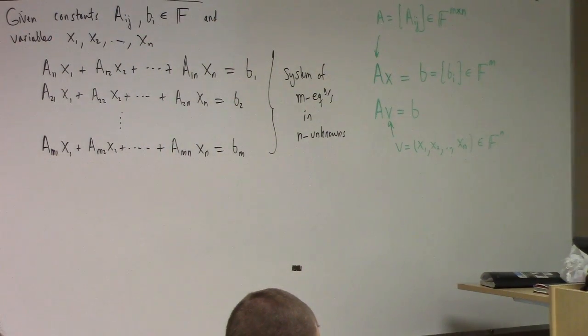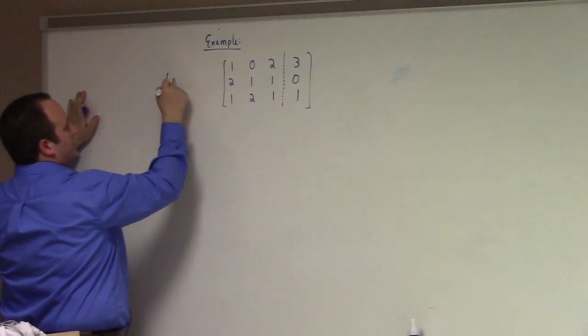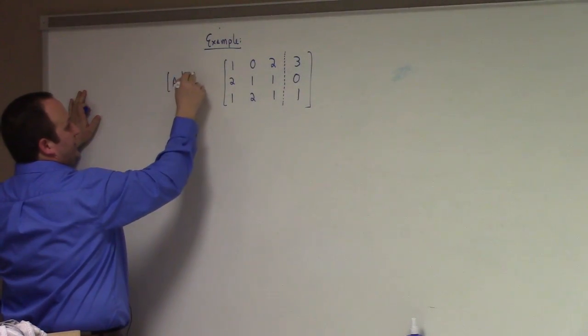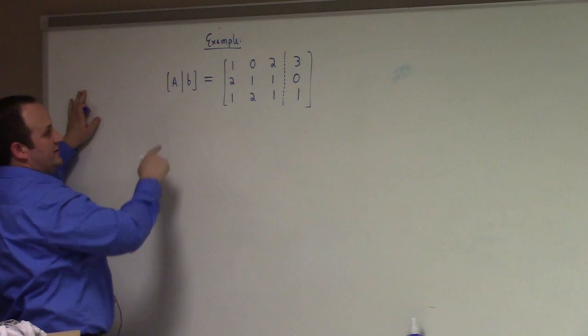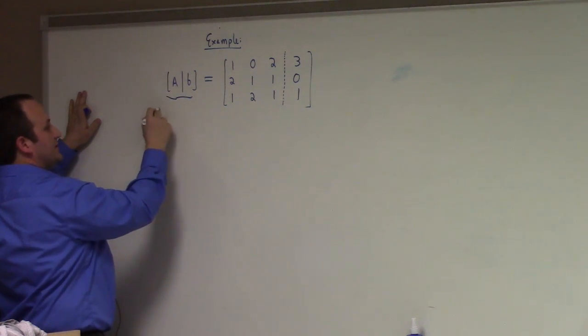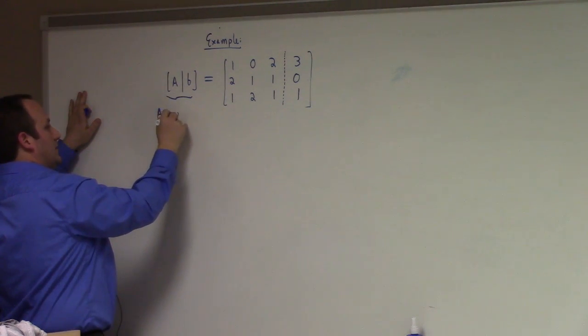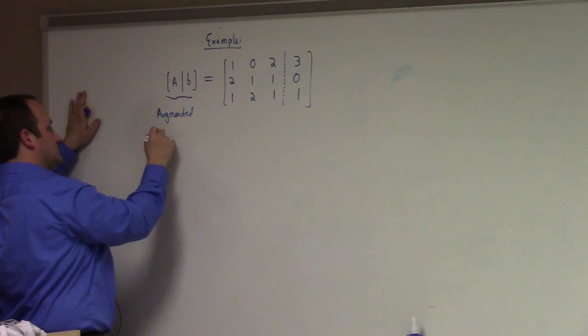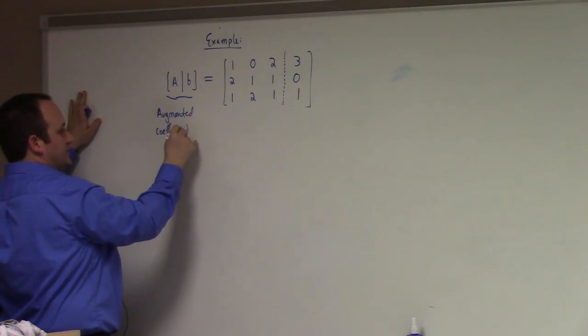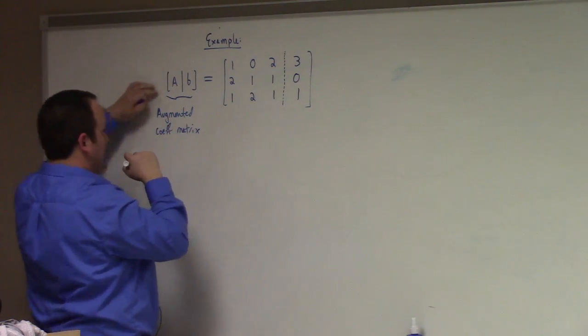Well, fine. What we're looking at right here would be the matrix concatenated with the homogeneous term, like that. This is the so-called augmented coefficient matrix.